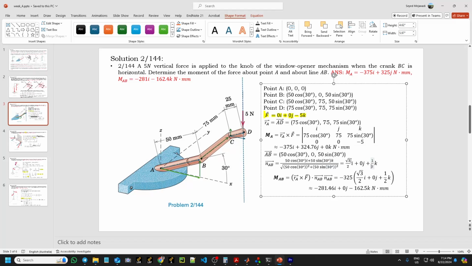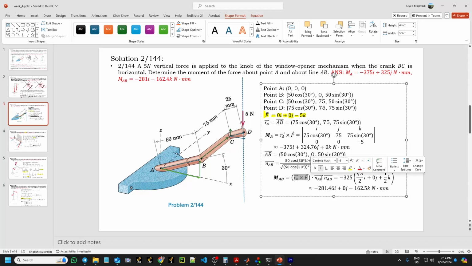But remember, when you have a magnitude times cosine 30 and again magnitude times sine 30, you can always get rid of 50 and the unit vector will be cos 30, sine 30. Sine 30 is 1 over 2 and cosine 30 is square root of 3 divided by 2.